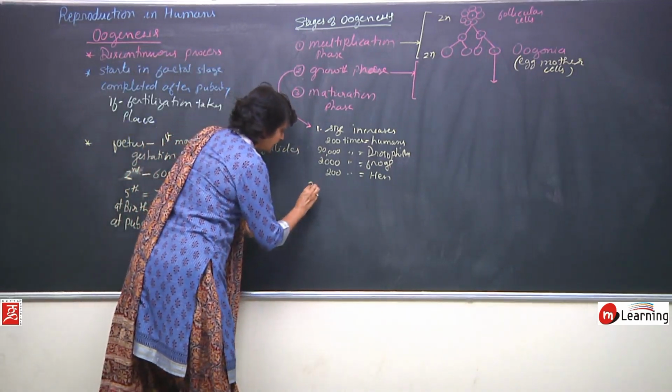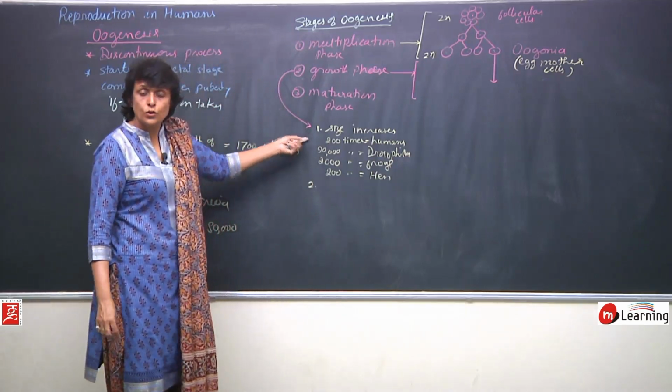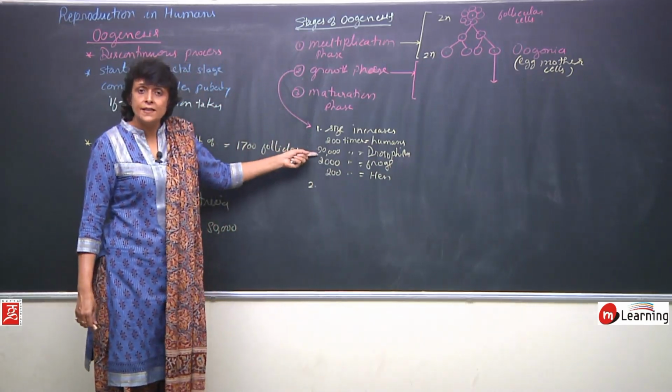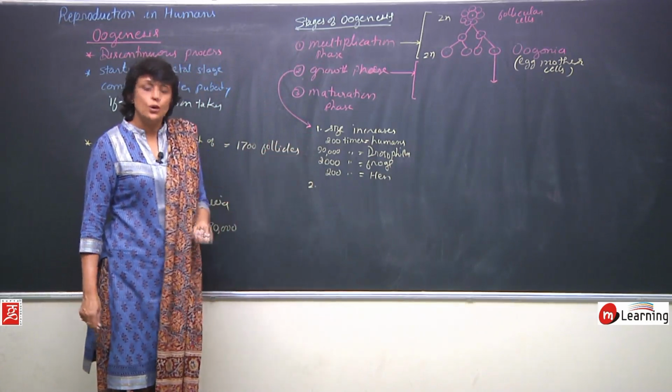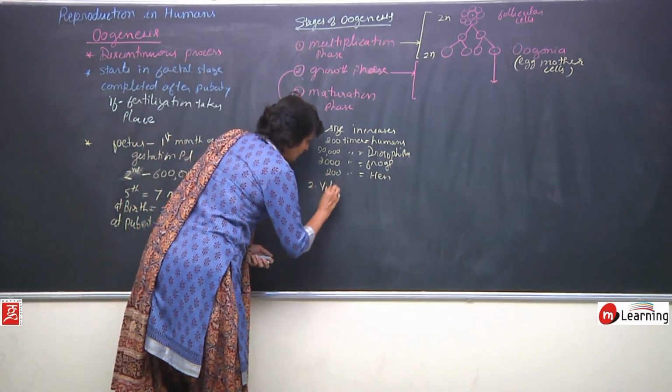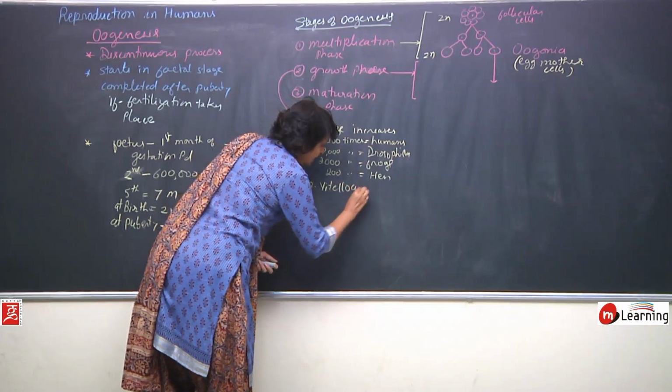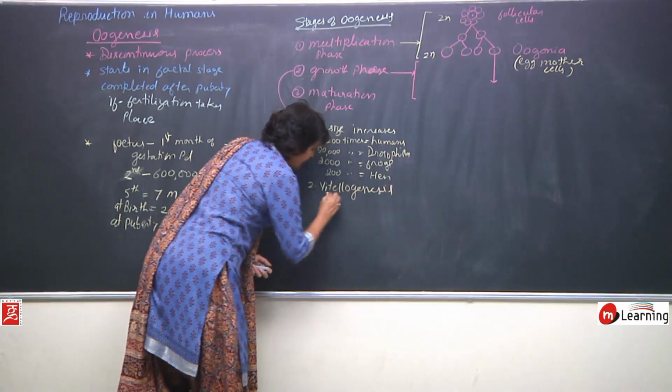Second change that we see in this growth phase: why is this increase in size taking place? Due to yolk accumulation. So vitellogenesis takes place.